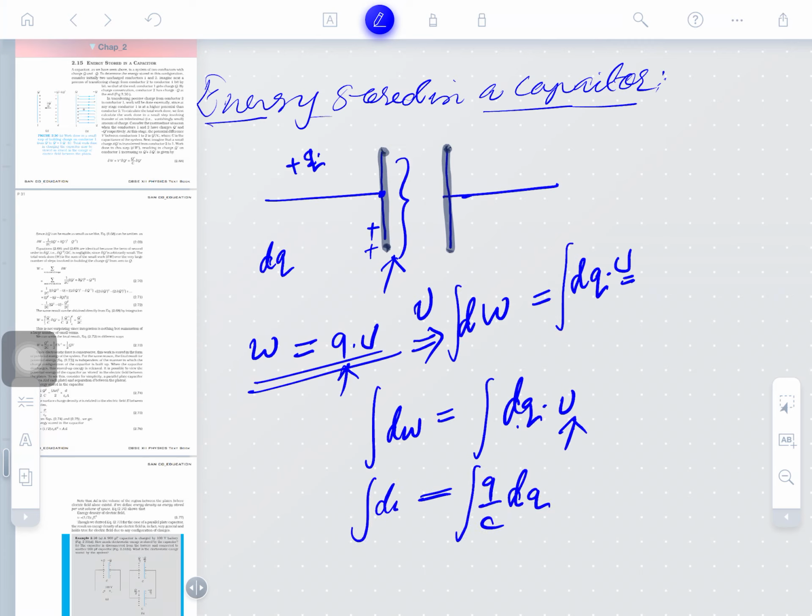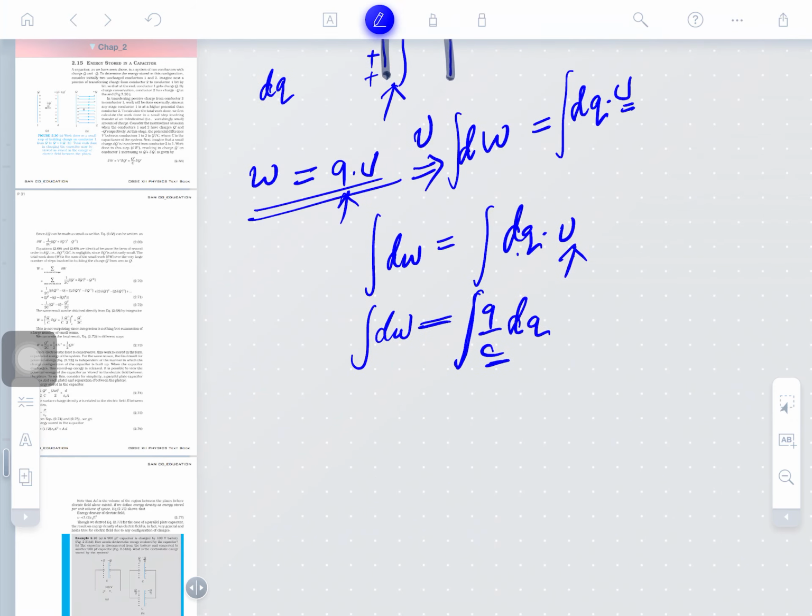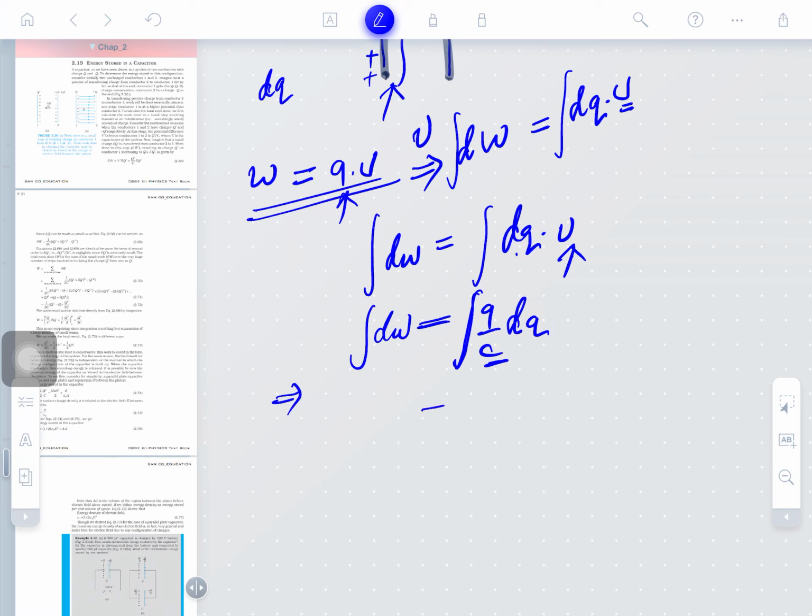This is regarding the conductor. In a capacitor, C is fixed. So 1 by C, and here will be Q, and del Q also. When no charge is given, no work is done.